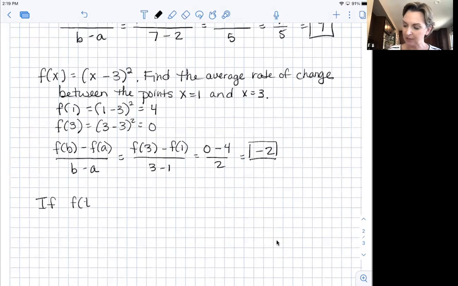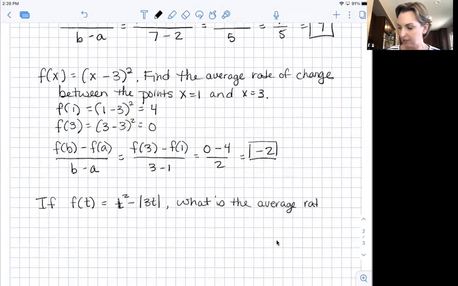All right, so here's the problem that you're going to do on your own independently with the video paused. So this time our function is going to be t squared minus the absolute value of 3t. Okay, what is the average rate of change between t equals -3 and t equals -1?